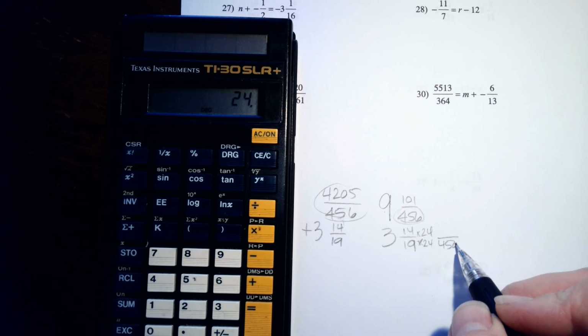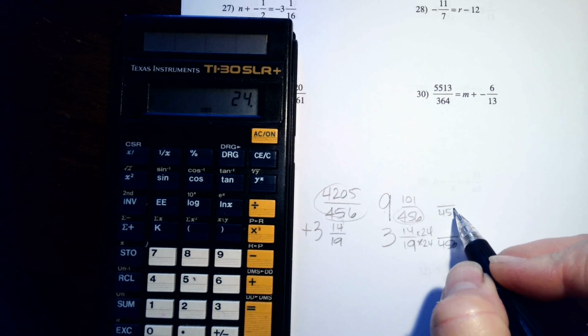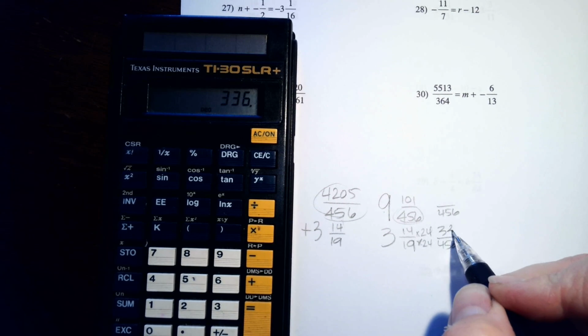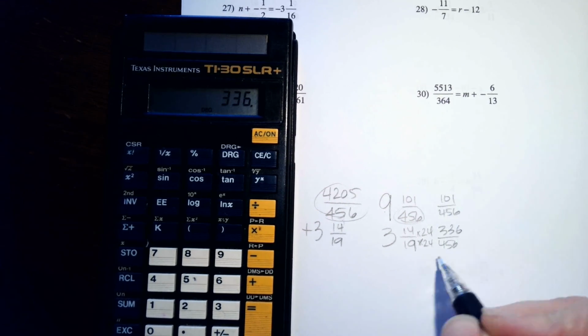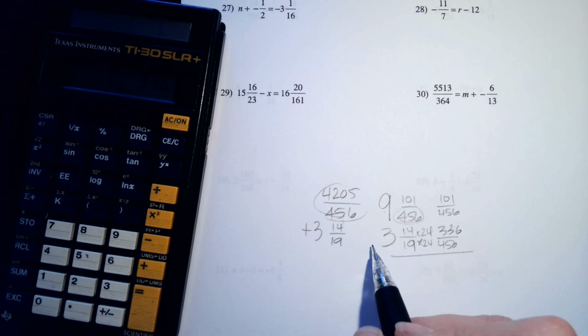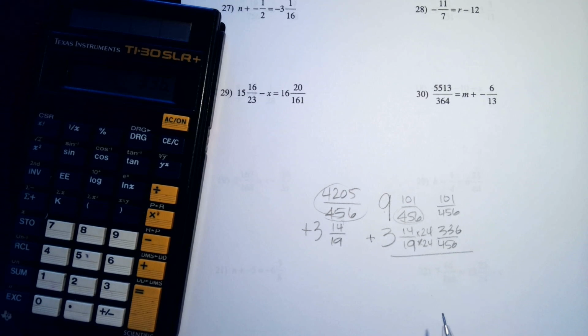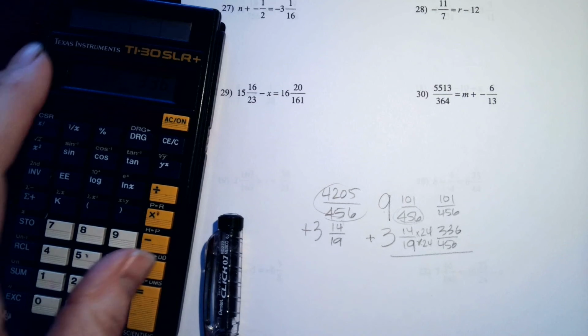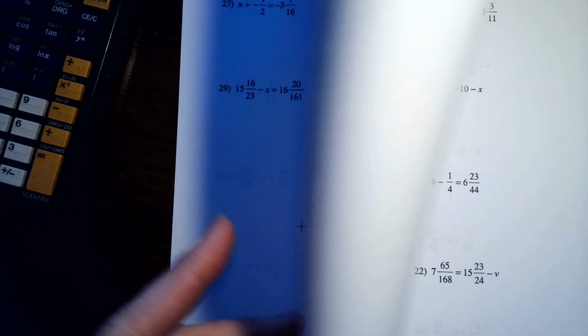Now you're going to have the same denominator. And then we just add the numerators over 456 and add in our mixed number. And that is how you do it. I don't think you're going to have anything that tricky right now. Probably next year.